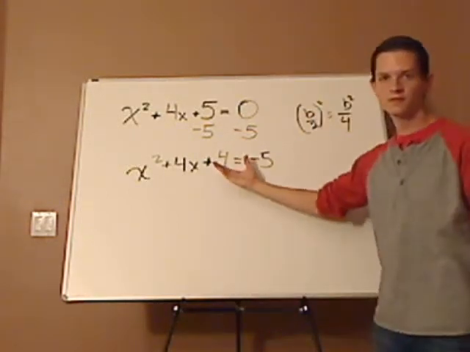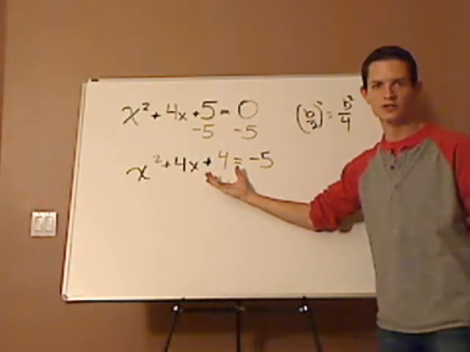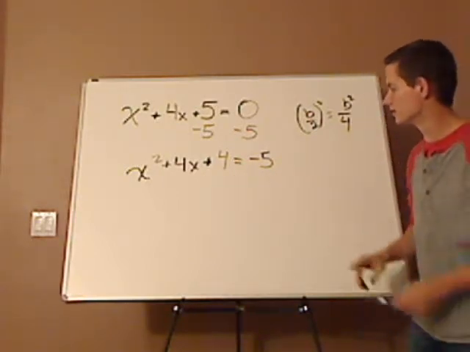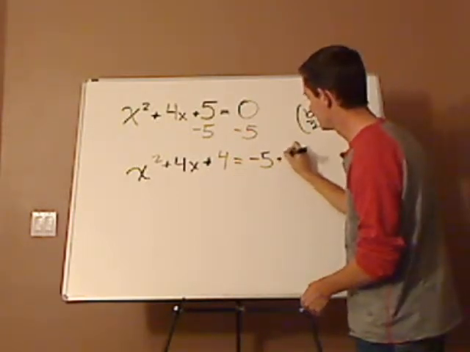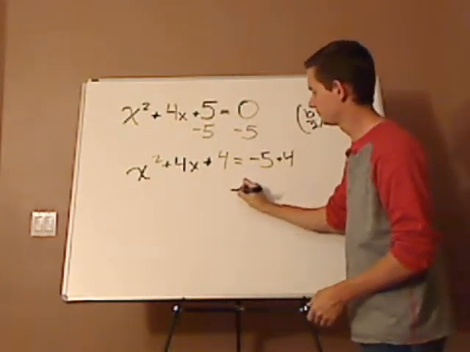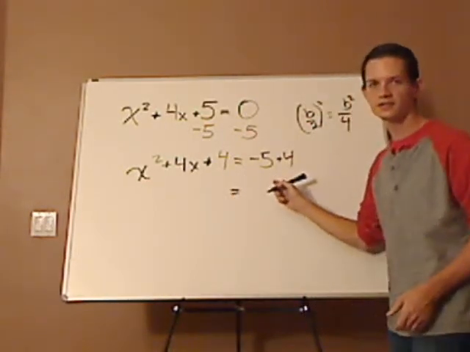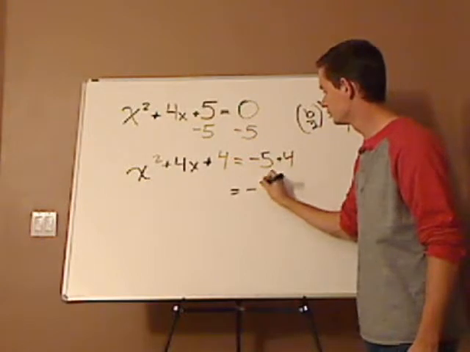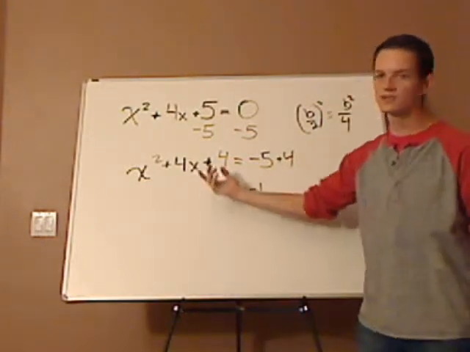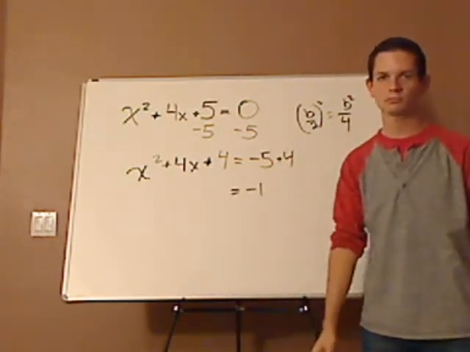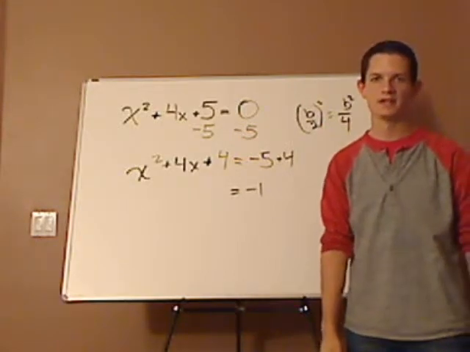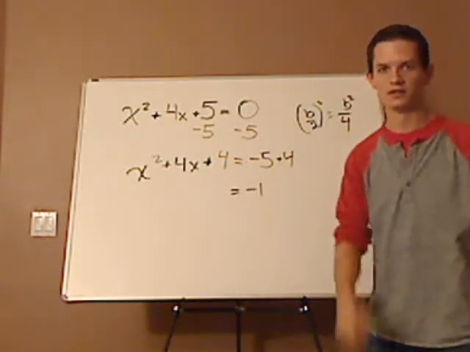Now, since you added 4 to this side, what you do to one side, you have to do to the other. So you add 4 to this side. Now this is negative 1. Now what's on this side? It's a perfect square.